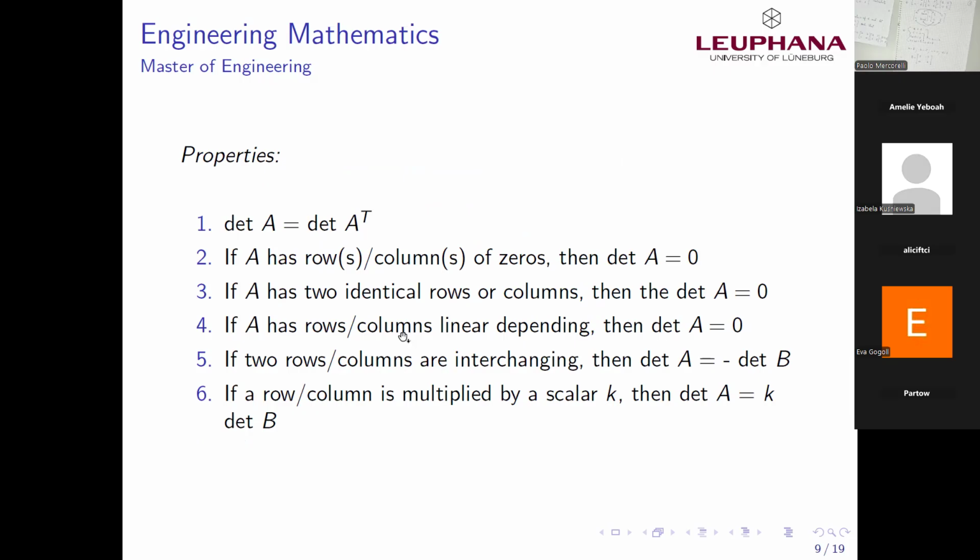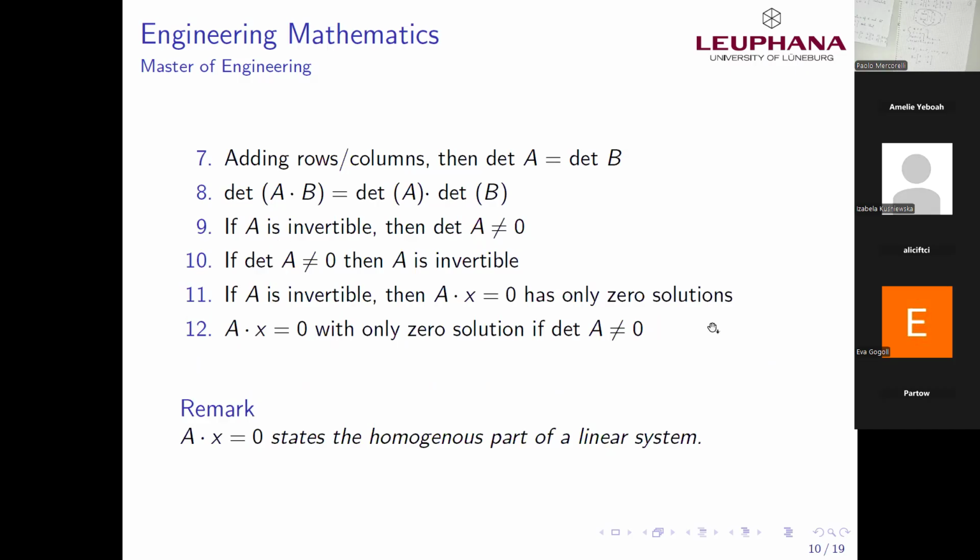Look at property number 4. This means if it's not 0, they are independent. It's very interesting also to verify whether a set of rows is dependent or not. Interesting also is this one: if A is invertible, then A multiplied by x equals 0 has only the 0 solution.